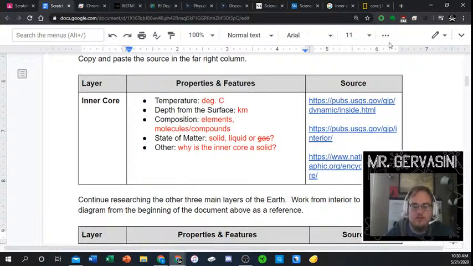Things to do with the Earth that we've heard about, or maybe even experienced. Earthquakes, magnetic field, that tectonic plates, these things moving on the crust. These all have to be based on what the layers of the Earth are.